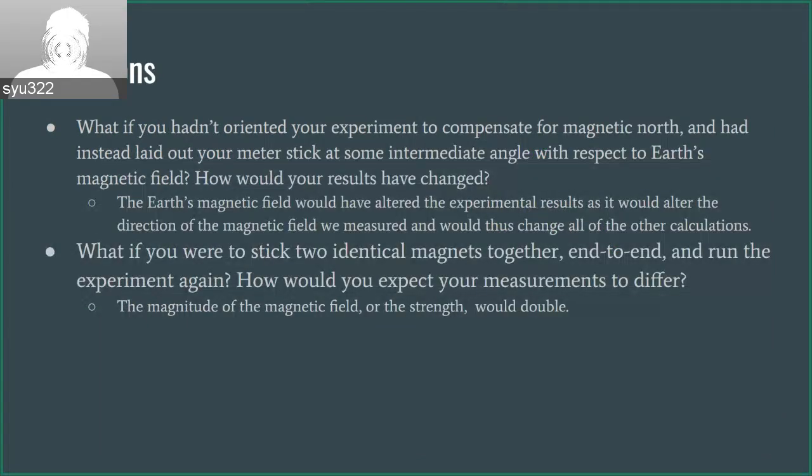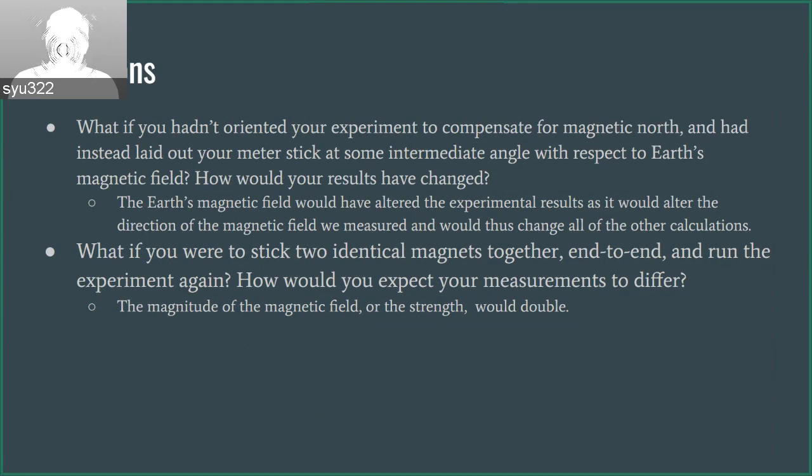So questions. What if you hadn't oriented your experiment to compensate for magnetic north, and had instead laid out your meter stick at some intermediate angle with respect to Earth's magnetic field? How would your results have changed? Well, it would have changed a lot, as the Earth's magnetic field would have altered the experimental results, as it would have altered the direction of the magnetic field, as in when we were trying to get it as close to zero as possible.